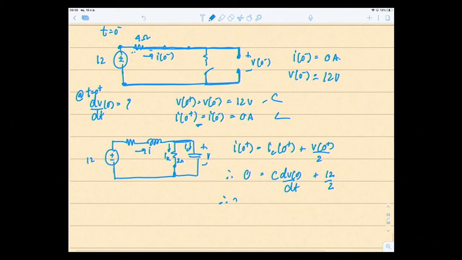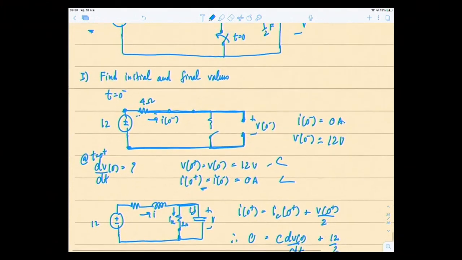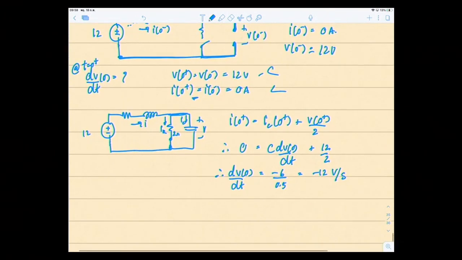So we get dV(0)/dt equals minus 6 over C, which is 0.5, so minus 12 volts per second. So this is our dV/dt. This is our second initial condition.